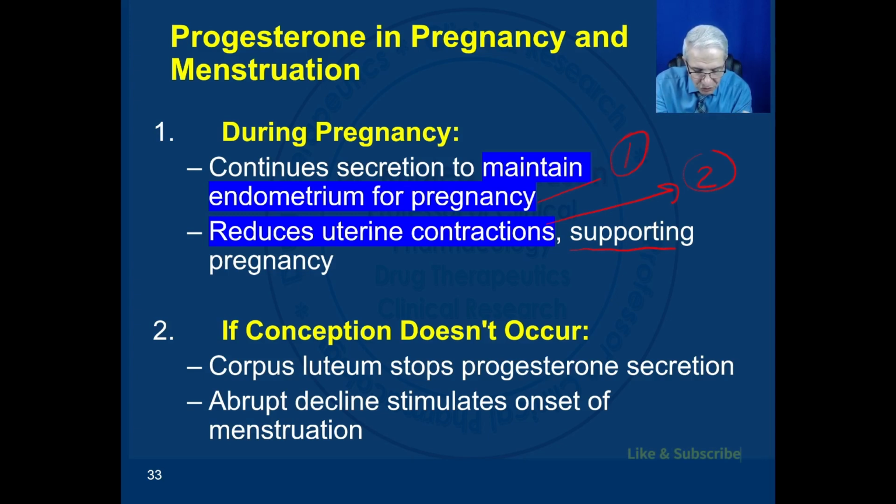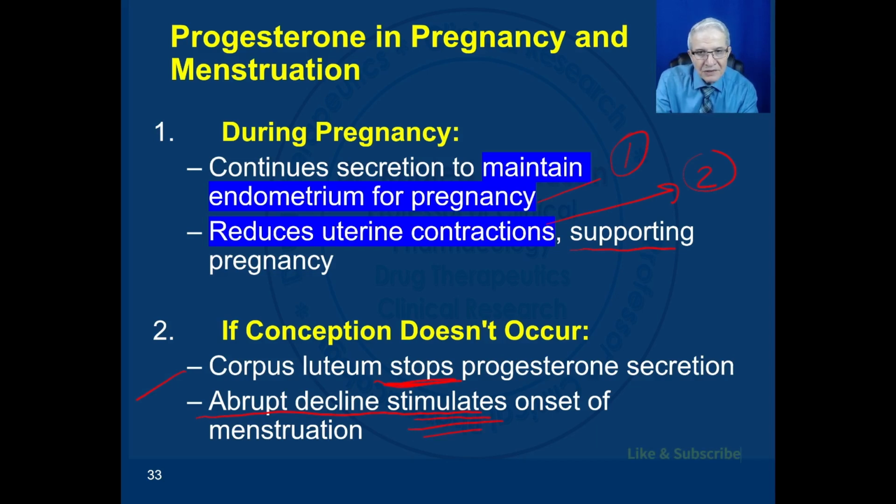This reduces the risk of abortion. Okay, what happens if conception does not occur during the menstrual cycle? The corpus luteum will stop secretion of progesterone, so there will be an abrupt decline in progesterone, and this will stimulate the onset of menstruation. So we have two scenarios.